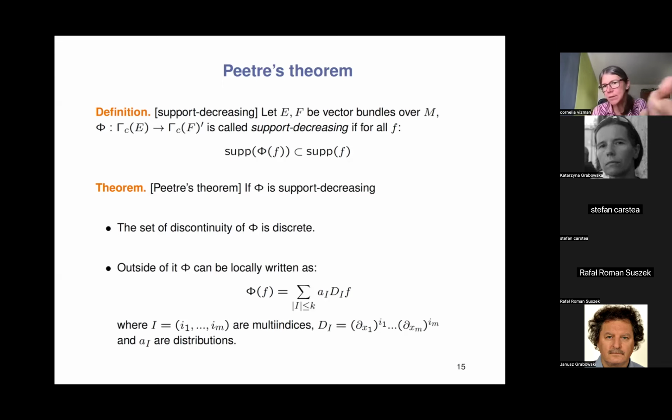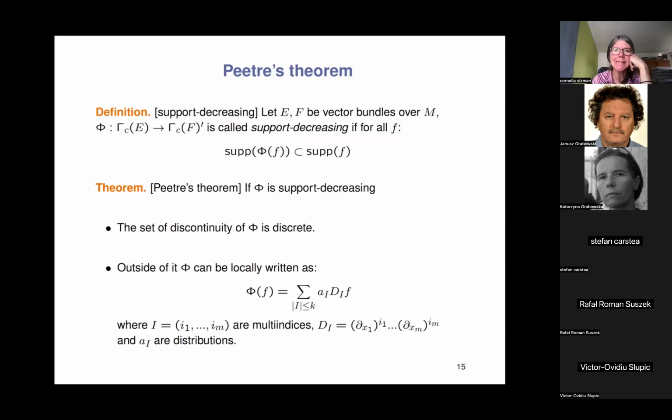We call it support decreasing if really the support is shrinking. Probably you assume linearity somewhere, yeah? Yes, it's linear, of course. And Peetre's theorem ensures that phi is locally a differential operator of finite order.